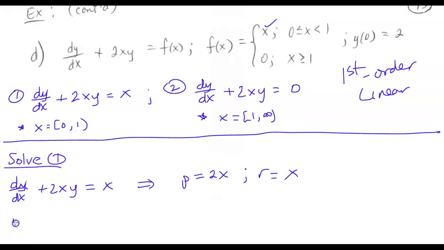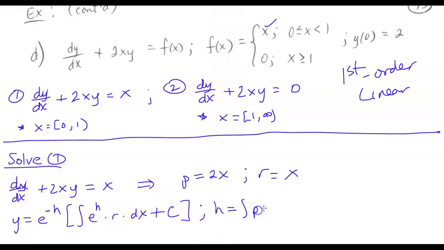So the formula that we'll use here is y is equal to e raised to the negative h times the integral of e raised to the h times r times dx plus c. And remember that e raised to the negative h is multiplied times all of that. And our h is just the integral of p dx. And here we see that p is just 2x. The antiderivative of that, and of course, we're not doing the plus c part, is just going to be x squared.